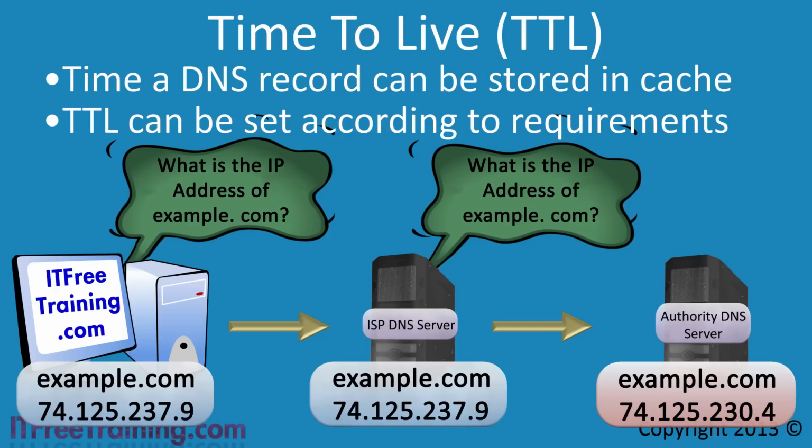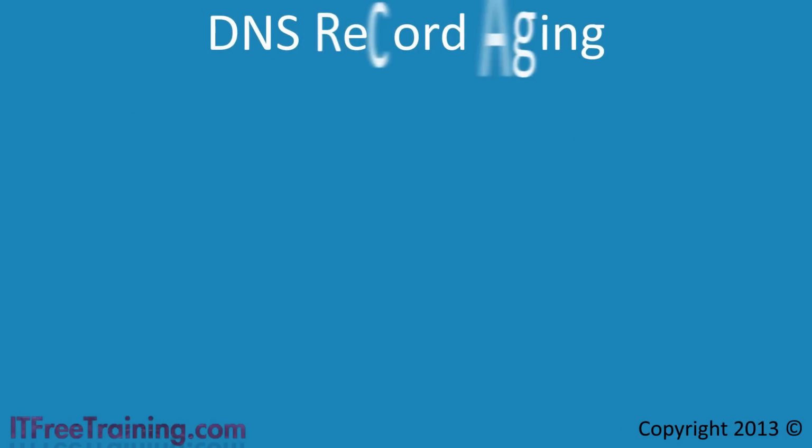In this case, it is better for the authority DNS server to receive more DNS queries for the email server than have it be uncontactable for an extended period of time because clients are using an old IP address. You can see why setting the Time to Live value is an important balance between responding to change and network traffic.